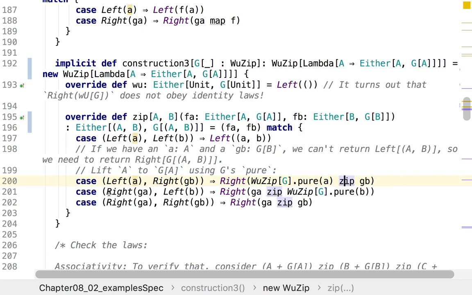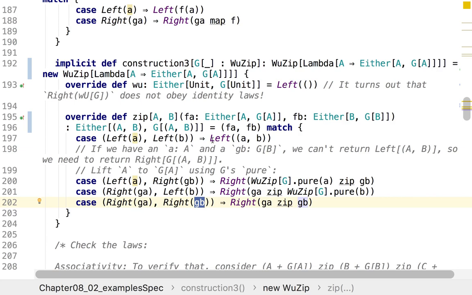So similarly, if we have a right on the left, we must return the right of this combination, where we lift the B into the functor G and then zip together with G of A. Finally, if we have both on the right, then we just zip them together, and they remain on the right.